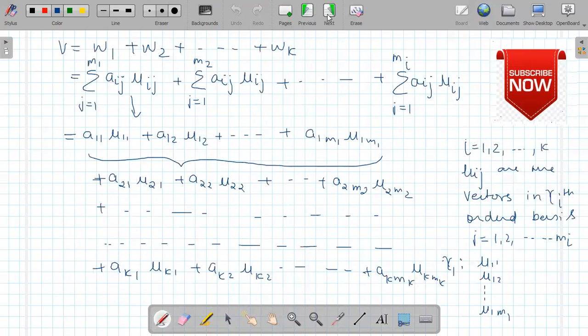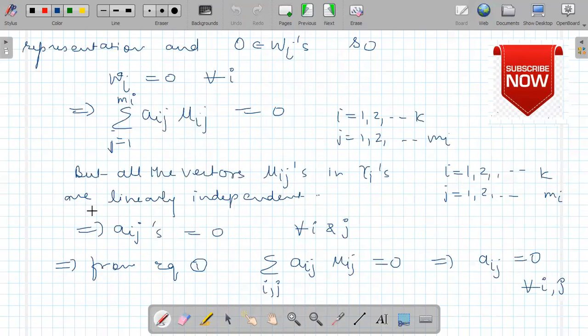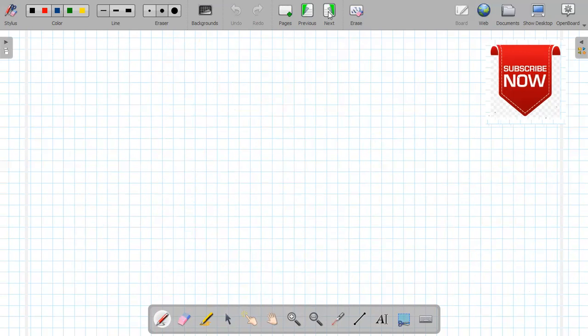One is that the vectors in their union generates V. Okay, V को generate करते हैं, as well as जो vectors हैं उनके union में वो linearly independent हैं. इन दोनों property से ये proof हो जाता है कि the union of ordered bases gamma 1, gamma 2, gamma 3 and gamma k forms an ordered basis for vector space V also.